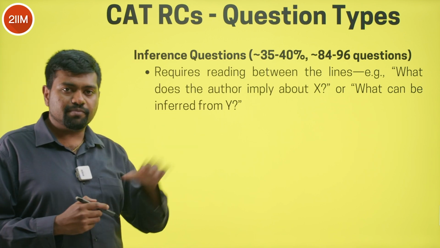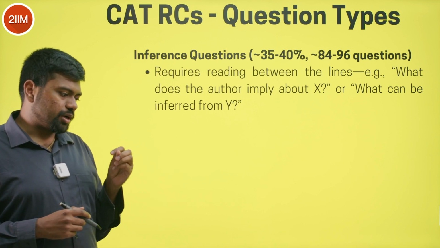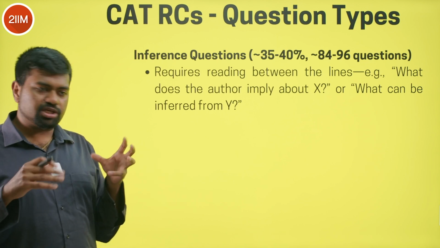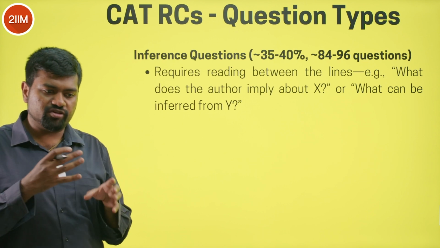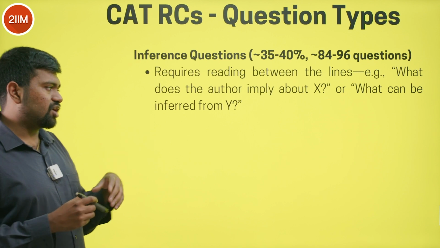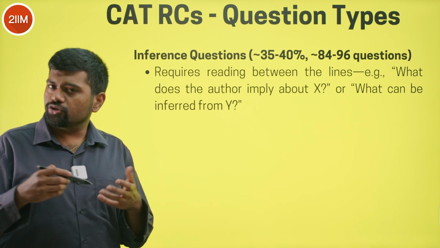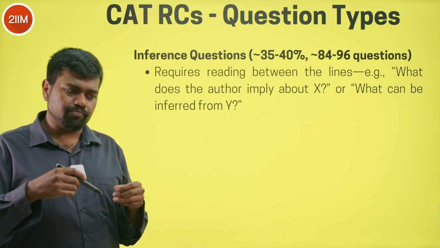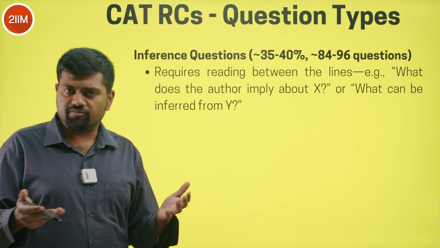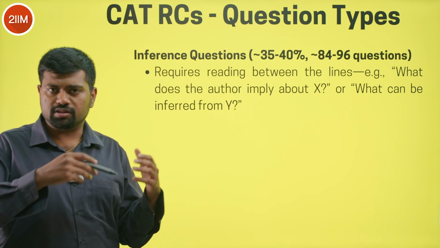This requires reading between the lines. This is not factual. This is your ability to almost grasp what the author is saying without them explicitly saying so. So questions are, what does the author mean by saying this line? Why does the author bring up the example of, say, XYZ in this paragraph or in that paragraph?